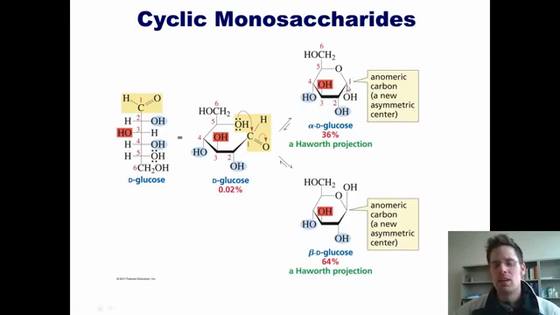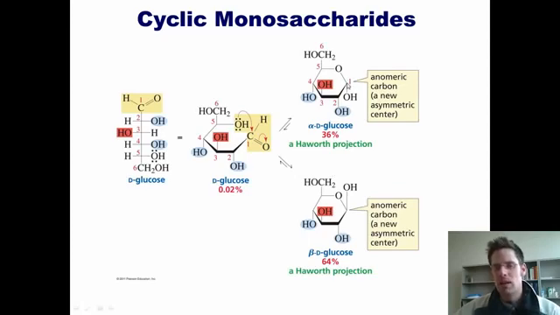So we use the word anomer to refer specifically to epimers of sugars that differ stereochemically at the anomeric carbon. So the anomeric carbon is carbon 1, this carbon that began as being the carbonyl carbon upon which the OH closed to form these two rings.